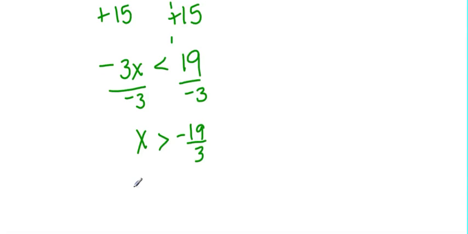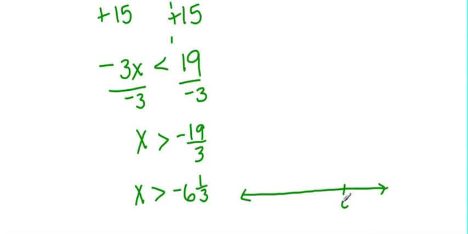So just for graphing purposes, this is going to change to x being greater than negative 6 and a third. So when I'm graphing that, one, two, three, four, five, let's say that's negative 6.